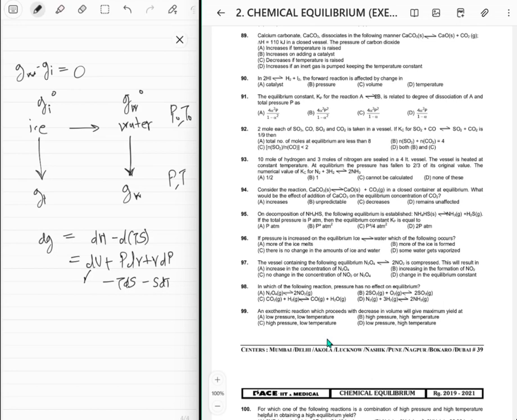And you can write dU as dq minus P dV, where minus P dV is the infinitesimal work. So dq cancels with T dS because it's a reversible process from here to here.